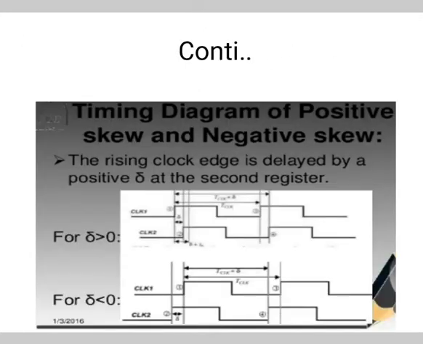So this diagram shows the timing diagram of the positive skew and the negative skew, for delta greater than 0 and delta less than 0.